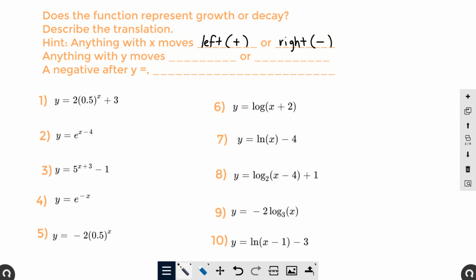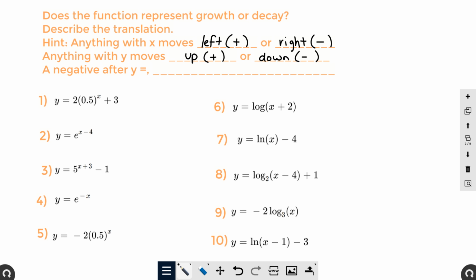So anything with Y or anything at the end of the function is going to make it move up or down. What kind of number makes it move up? And down is good. So if it's at the end, and I usually say with Y, but at the end of the function makes it move up and down.